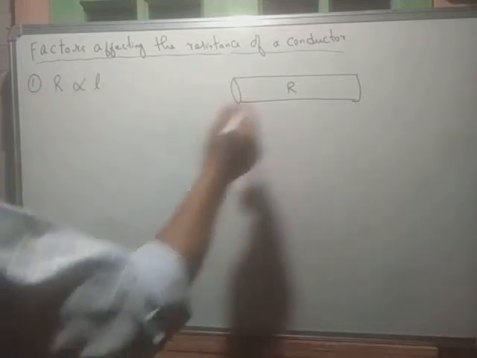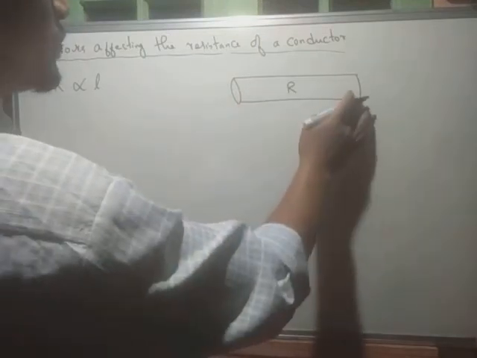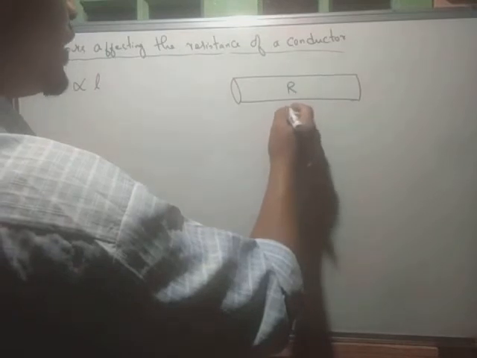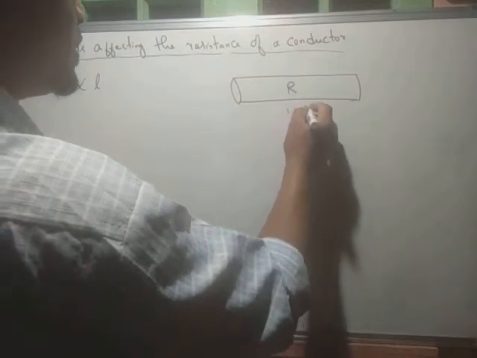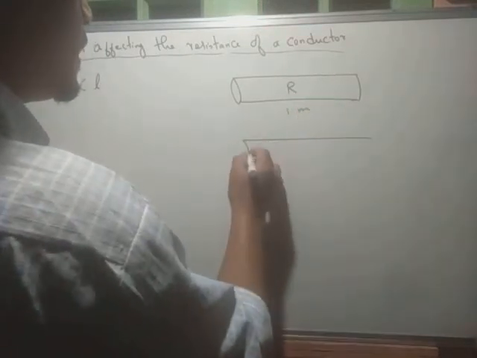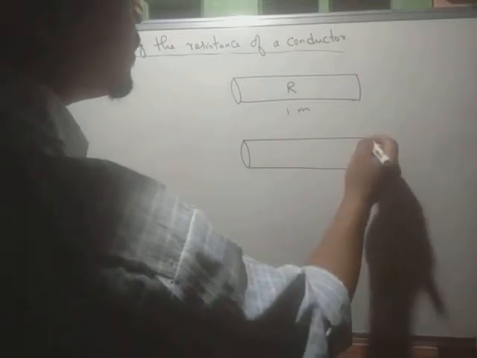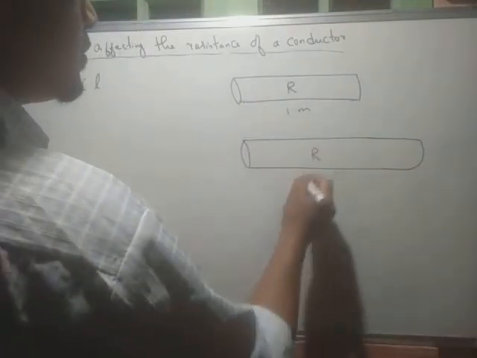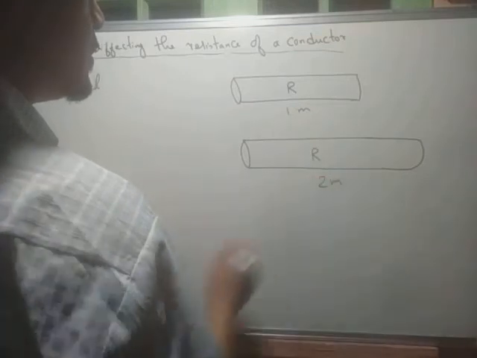Okay, if I have two conductors of the same material, one is of length 1 meter, another conductor which is of the same thickness but the length is 2 meter.